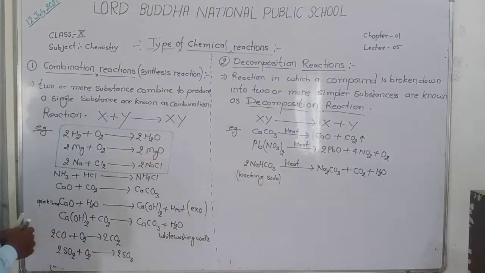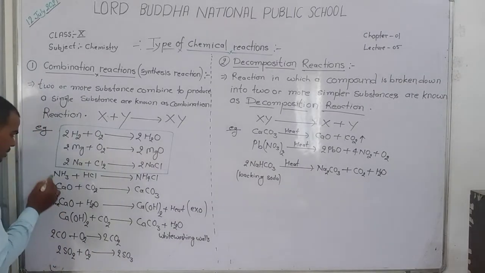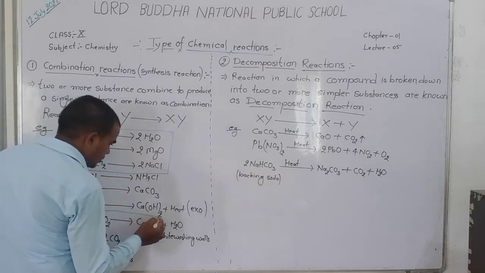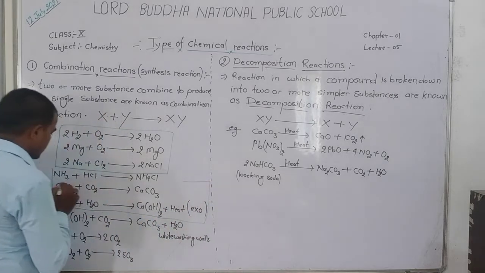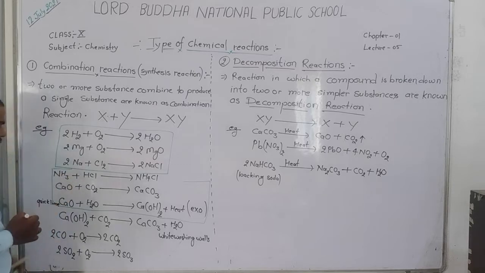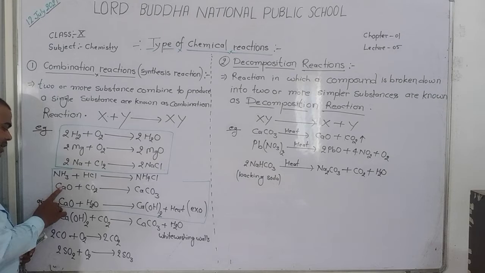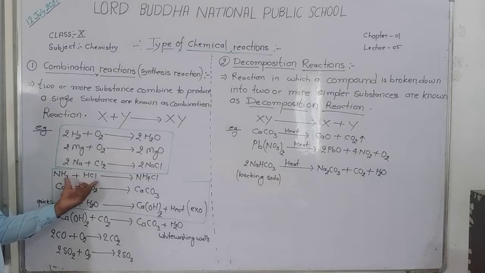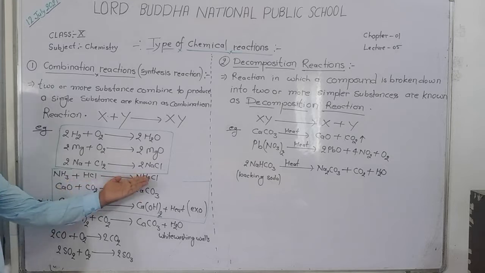After observing these examples, here we have the NH3 compound, HCl compound, calcium oxide compound, carbon dioxide compound, and calcium oxide and water as compounds. Dear student, here two compounds combine with each other and form a single product.